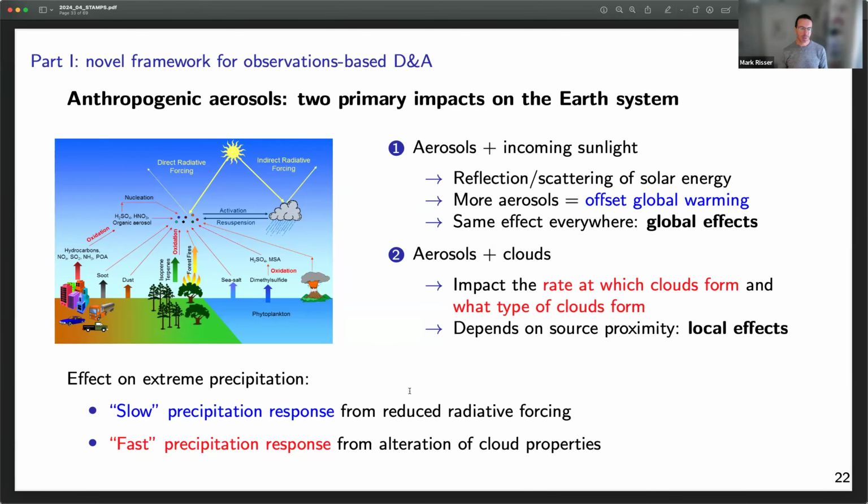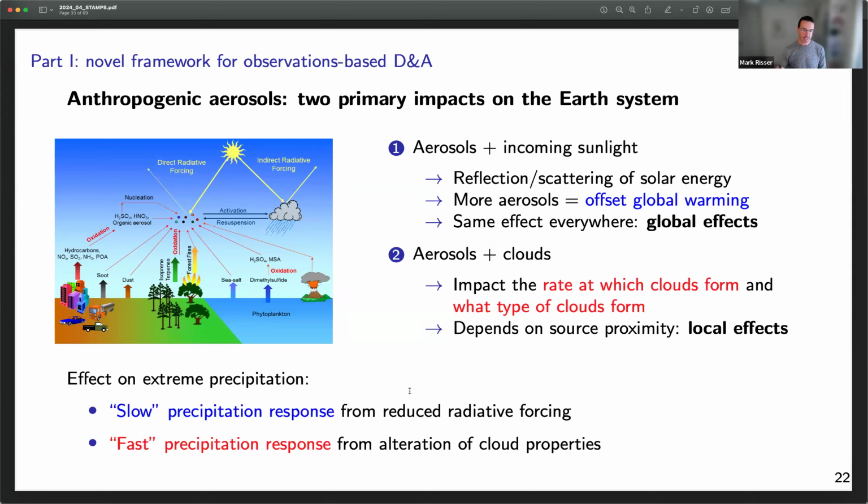So when we talk about this aerosol effect, we actually have these two effects that we need to think about when it comes to extreme precipitation. The first is this slow response, which comes from reduced radiative forcing. Similar to greenhouse gas emissions warming the atmosphere, which on longer timescales increases rainfall, aerosols are cooling the atmosphere, reducing the radiative forcing, which leads, on longer timescales, to this slow precipitation response.